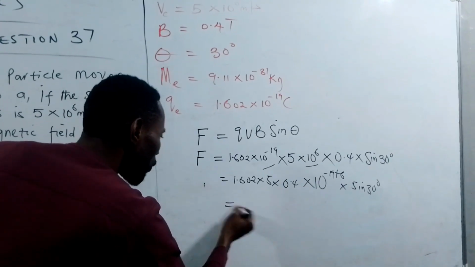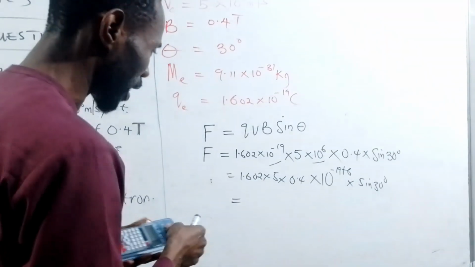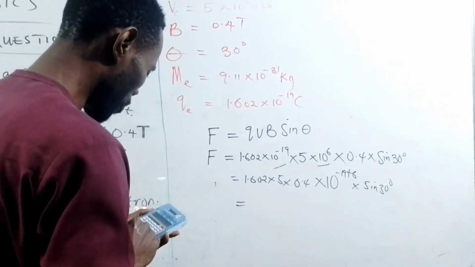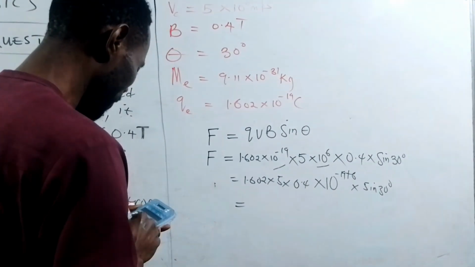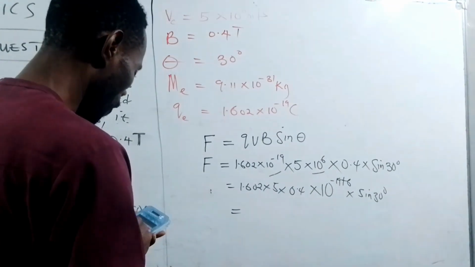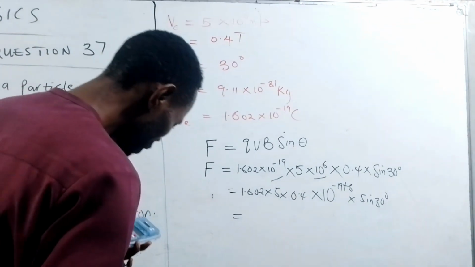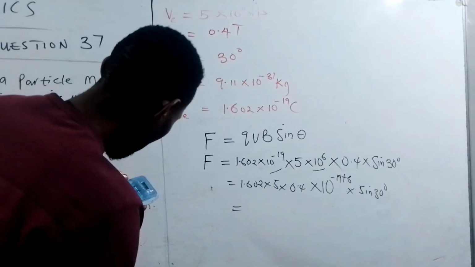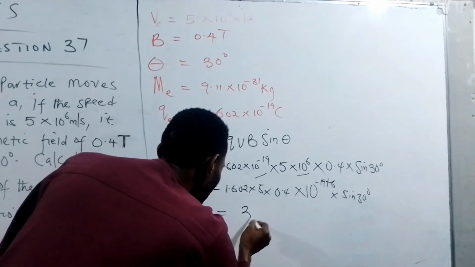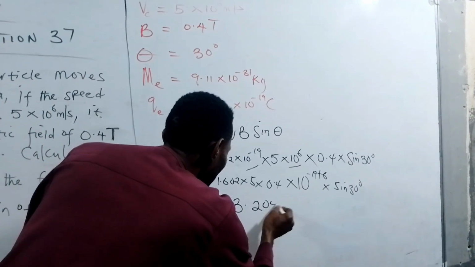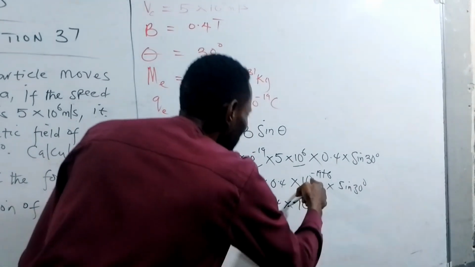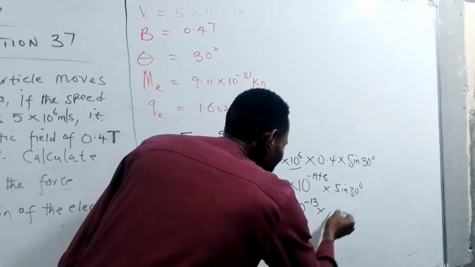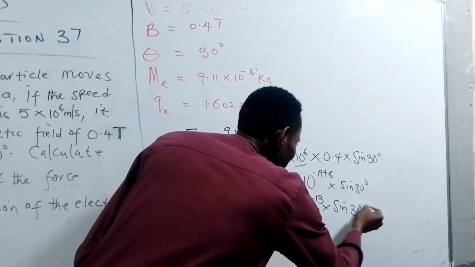So 1.602 times 5 times 0.4 is giving us 3.204. So we have 3.204 times 10 raised to the power minus 19 plus 6, which gives us minus 13, times sine 30 degrees.